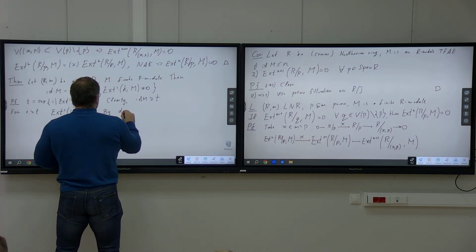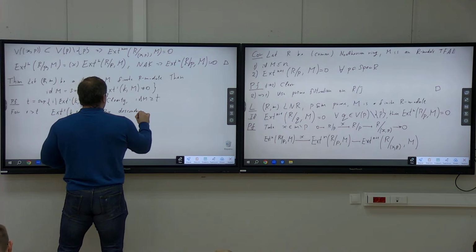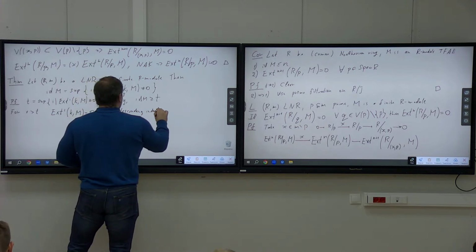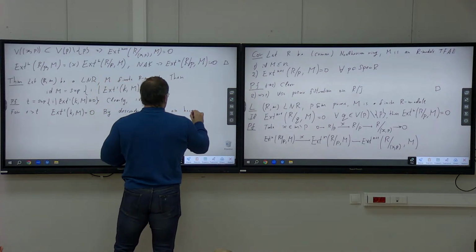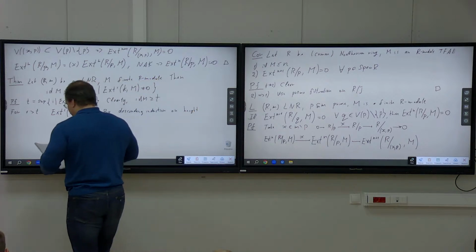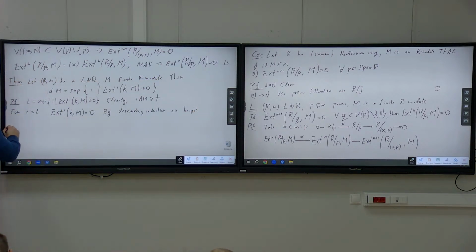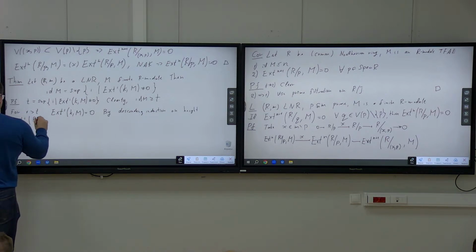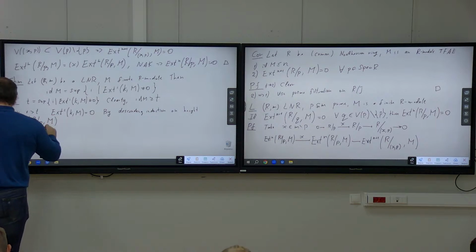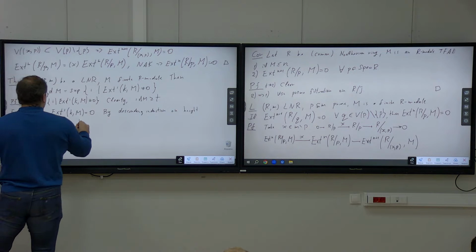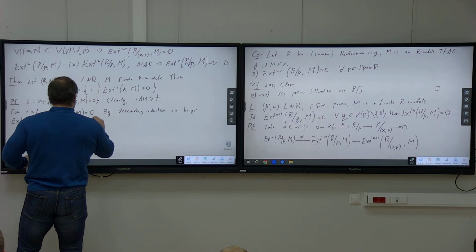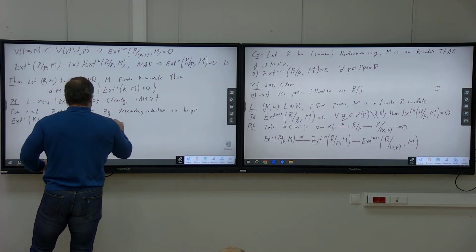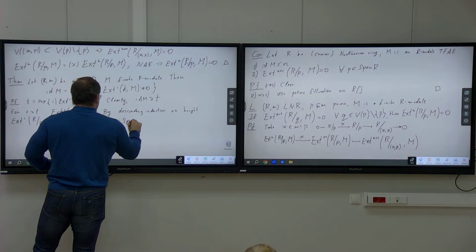By descending induction on height, we will get Ext^i(R/𝔭, M) equal to 0 for any i greater than T, and for any 𝔭 in Spec R.